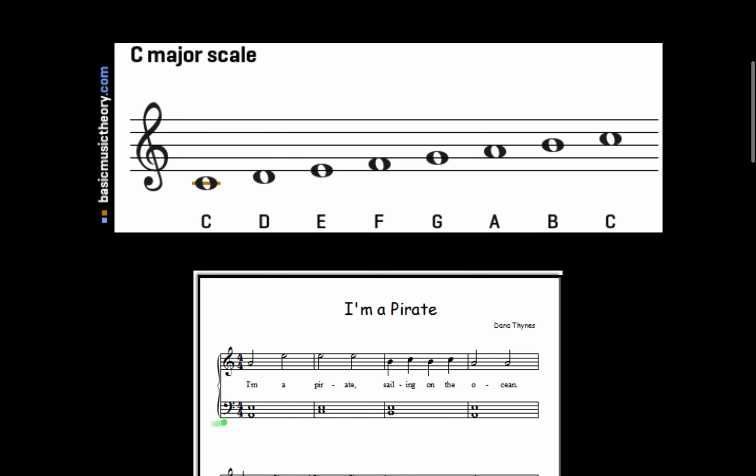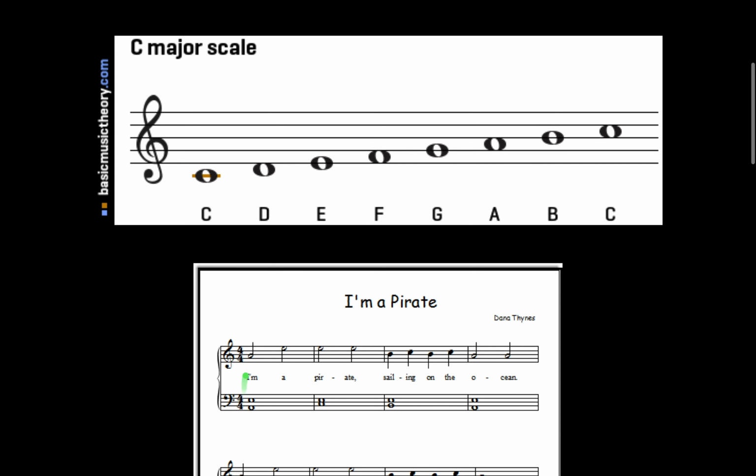Now, once we get to the bass clef, it is slightly different. The bass clef would show the same C here, but it's here. So it's basically joining the treble clef and the bass clef, the middle C. Now, so C would be here, like this one, but then B would be like this one, but mirrored.